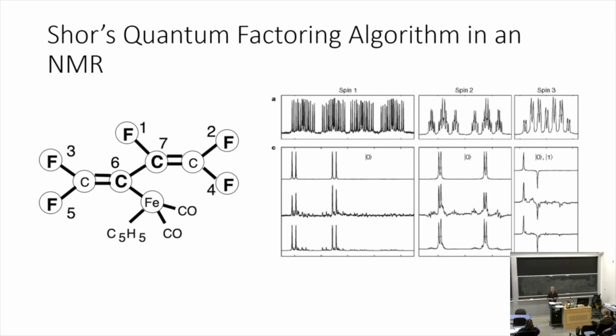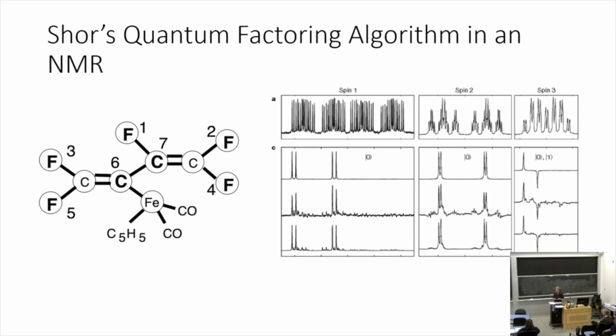It's nothing super more fancy than that, but there's a lot of them because they're trying to separately pulse each of these nuclei separately and get them to kind of talk to each other in different ways. And so the pulse sequence is designed so that the resulting transformation of the spin states corresponds to the computational steps in the algorithm.